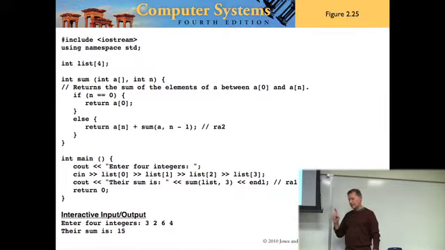No, let me say that again. Every time you pass an array as a parameter, regardless of whether the actual parameter is local or global, the formal parameter is always a single pointer back to the first cell of the array.